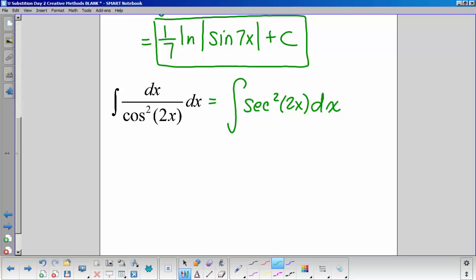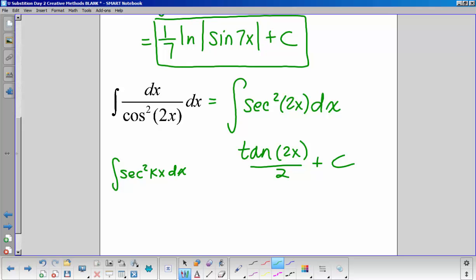And whose derivative is secant squared? Tangent, right? So this is going to be tangent of 2x over 2 plus c. Now, I could have used u-substitution here, but I'm hoping you guys are going to get to the point with trig functions where if I have secant squared kx, when I have a constant in here, instead of multiplying like we would when we take a derivative, you divide by the inside constant.